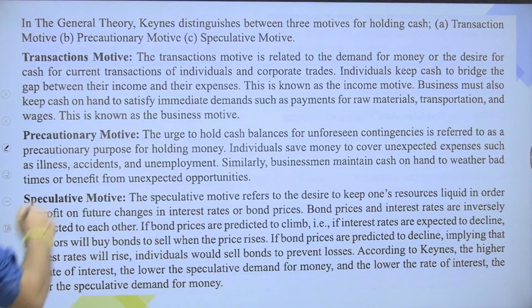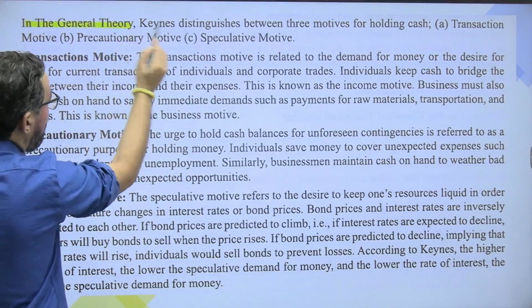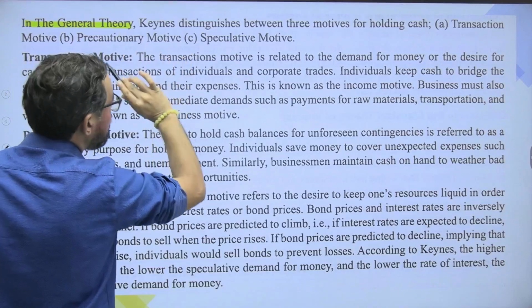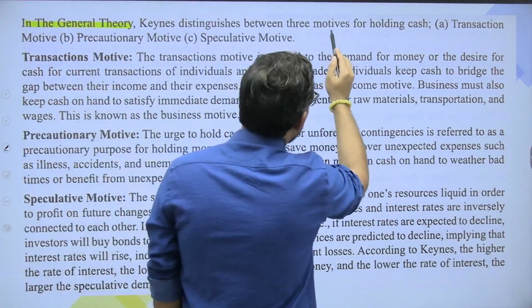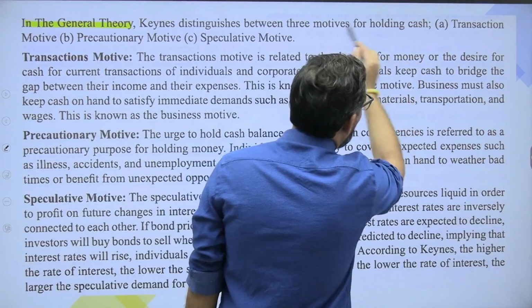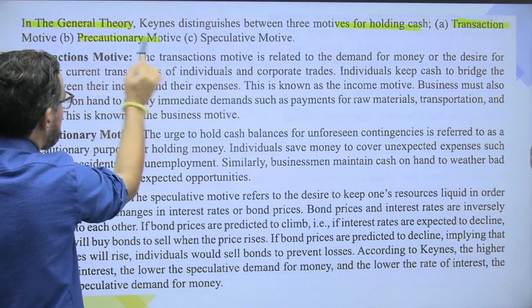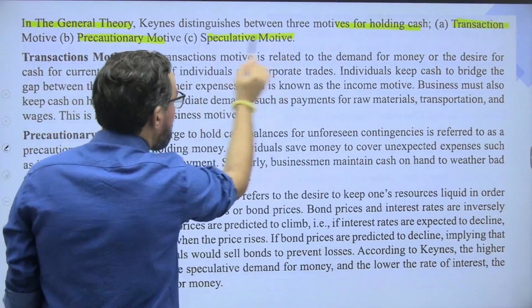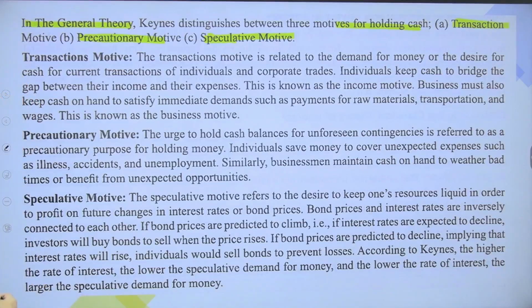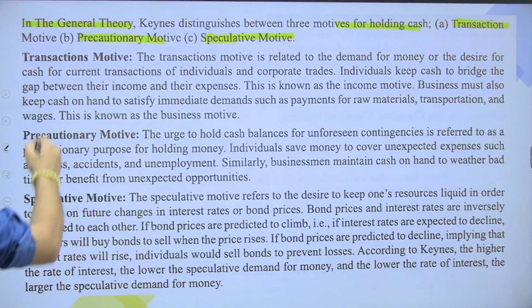So the general theory, which is given by Keynes, distinguishes between the three motives for holding cash. One is the transaction motive, another is the precautionary motive, and third is the speculative motive.